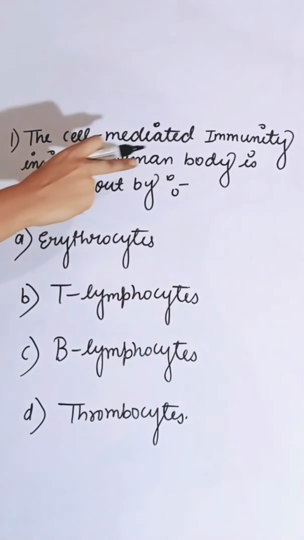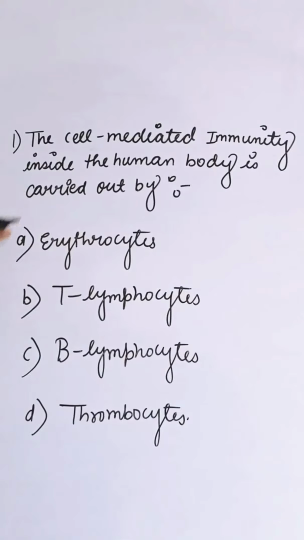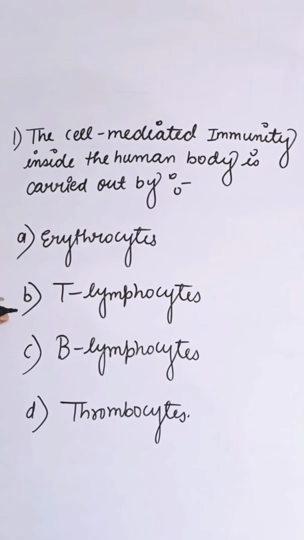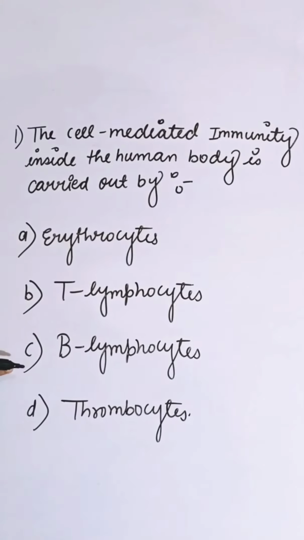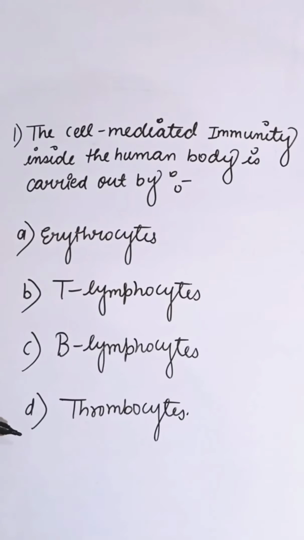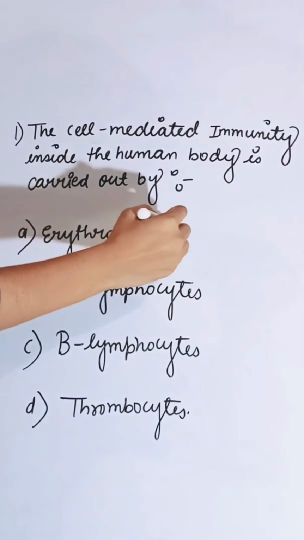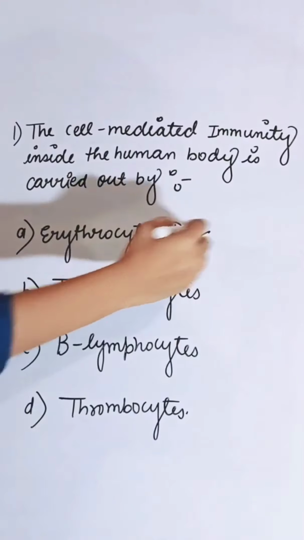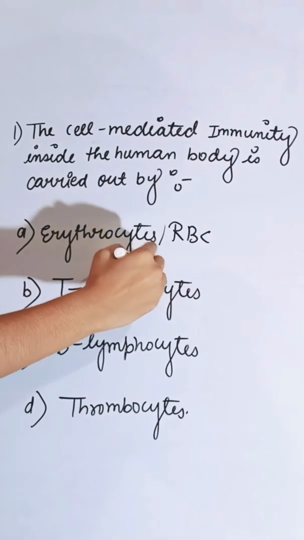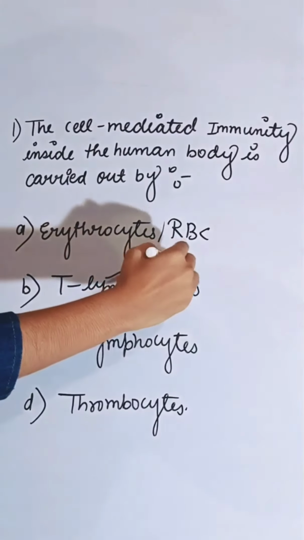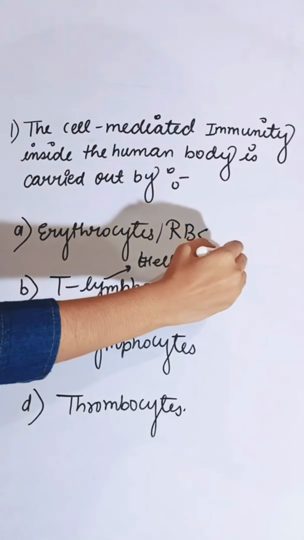Cell-mediated immunity inside the human body is carried out by first option erythrocyte, second is T lymphocytes, third is B lymphocyte, fourth is thrombocyte. Erythrocyte is also known as RBC. T lymphocyte helps to make the antibody.